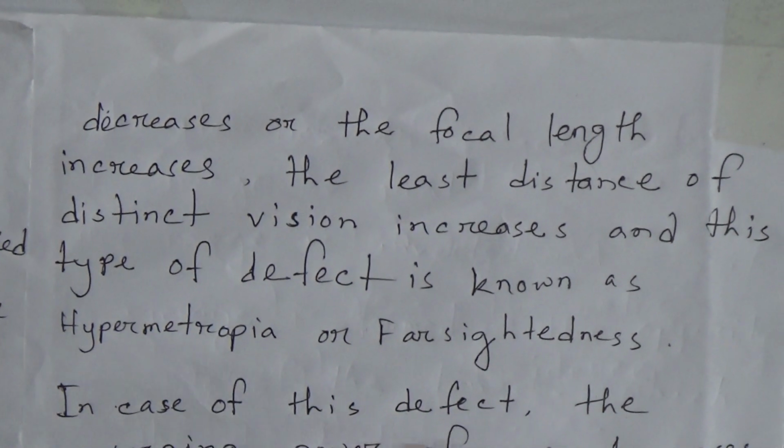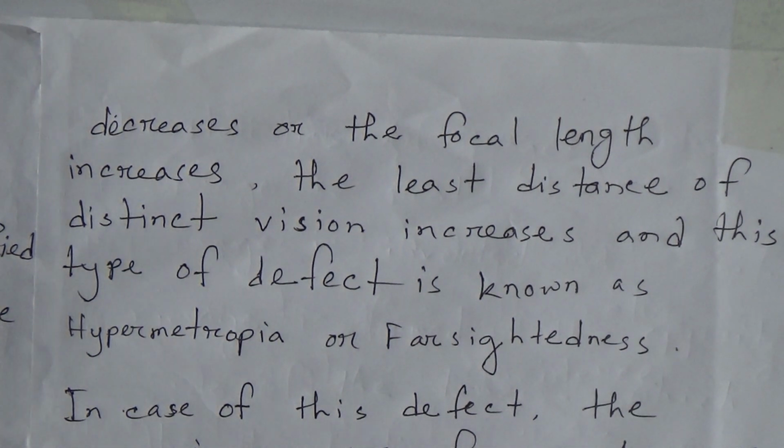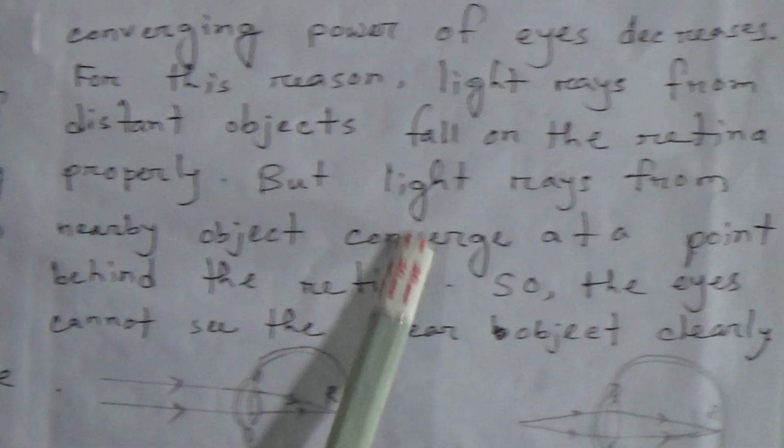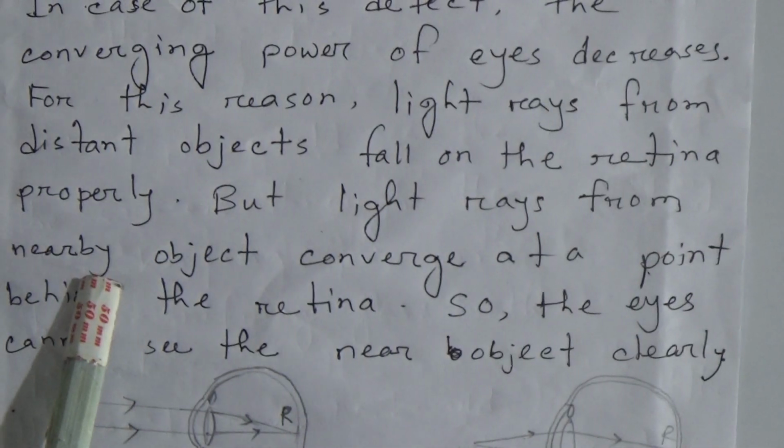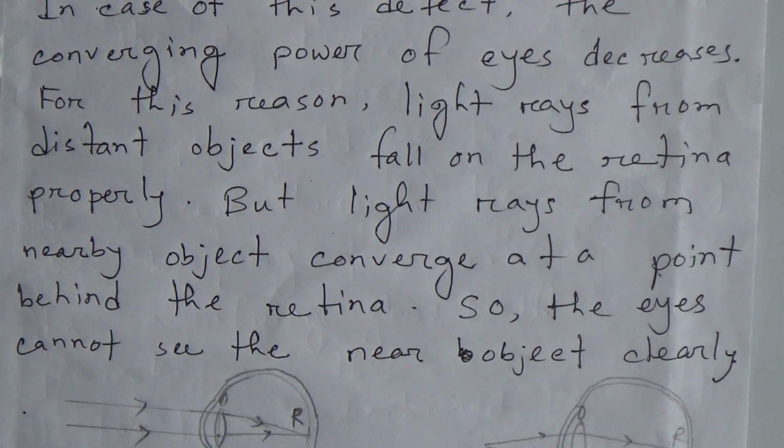So in case of this defect, the converging power of eyes decreases, and for this reason light rays from distant objects fall on the retina properly, but light rays from nearby objects converge at a point behind the retina. My dear students, see this figure.